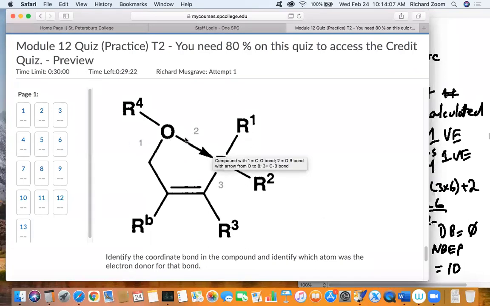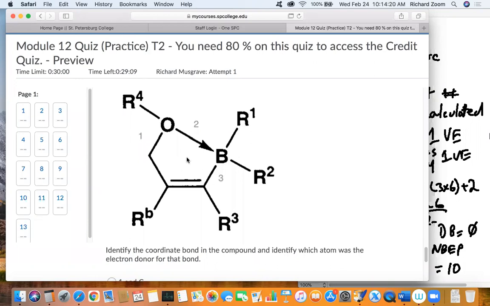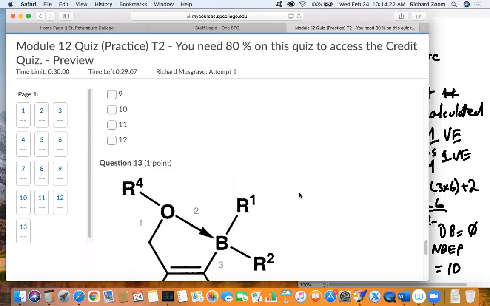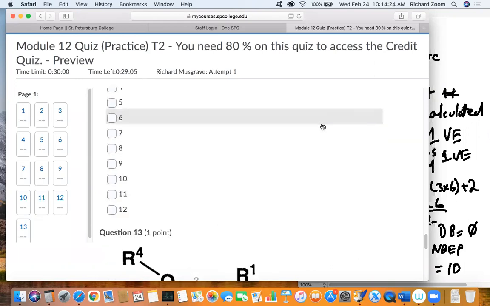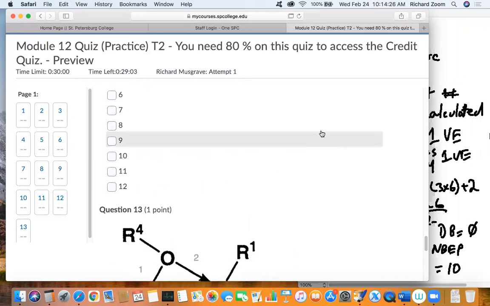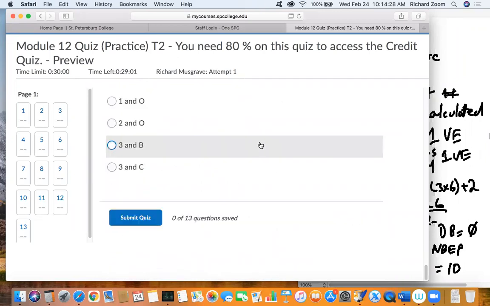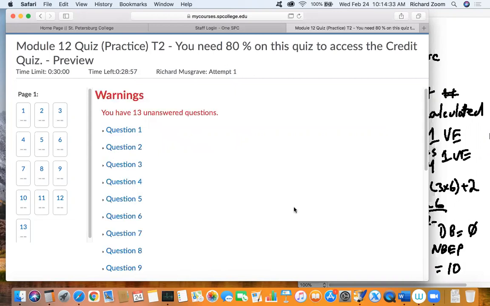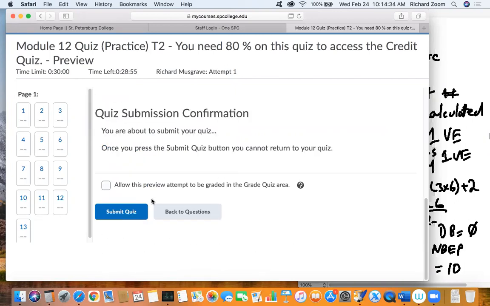Well, between O and B, and O would be the electron donor and B would be the electron acceptor. So that would be the answer to that one. They're not really that difficult. All right, does anybody have any questions about module 12? Any module 12 questions?